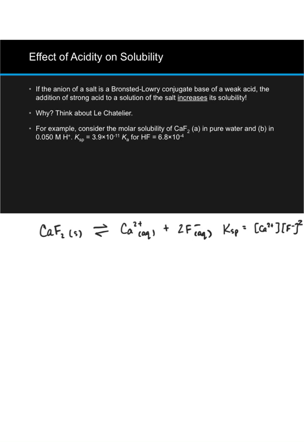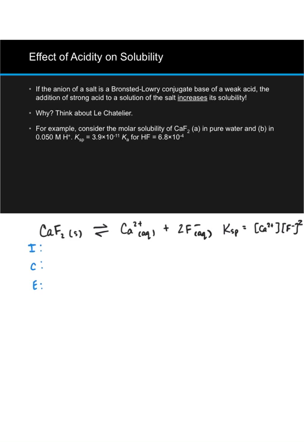The molar solubility of calcium fluoride in just plain water, just pure water, can be determined by setting up an ice table like we did for our previous examples and calculating the result for X.